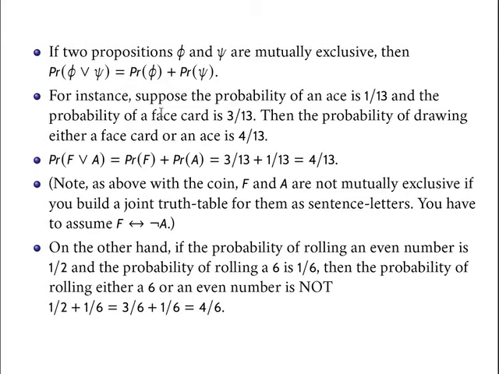But the rule that I'm giving you now can be applied in many cases as long as you're sure that the disjunction contains mutually exclusive disjuncts, and in that case you simply add them up. But it's very important that you do not apply this rule to disjunctions where the disjuncts are not mutually exclusive.